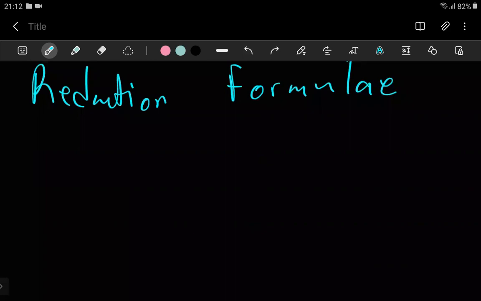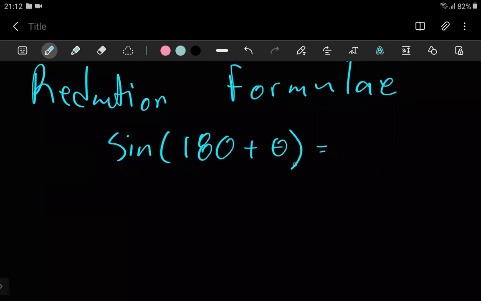The reduction formula allows you to have an expression and break it down into something smaller. This is an example of one of the formulas in the reduction formulae. These kinds of formulas allow you to break down different trigonometry expressions.